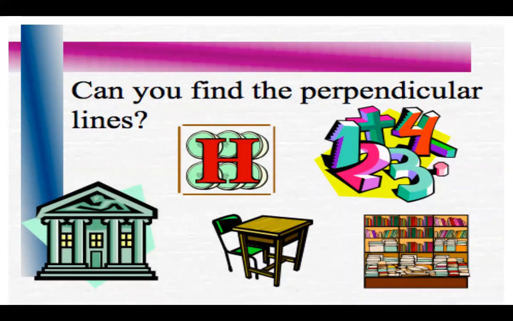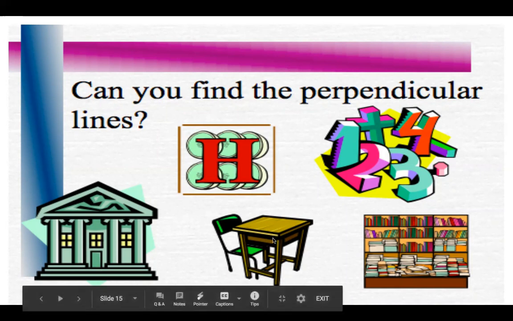Can you find perpendicular lines over here? I believe you could. If you see these two lines, this is a perpendicular line. This is perpendicular, same thing with this. When you have a table, in here it's a 3D picture, so that's why it looks like a little angle. But if you look at the table, the joints are always 90 degrees.